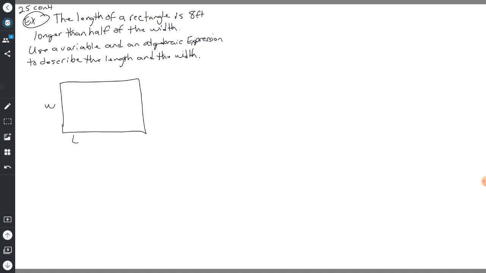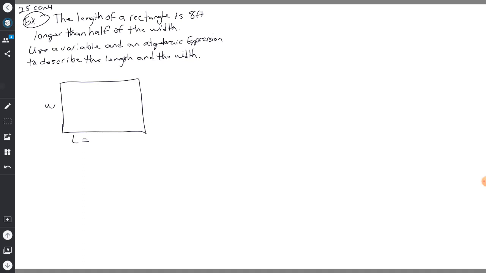The length of a rectangle is 8 feet longer than half the width. So we're talking about length at that point. The length of a rectangle is 8 feet longer than half the width. So if we're looking at the width, if the width is W, then what's half of W?